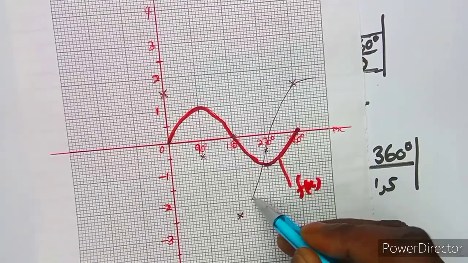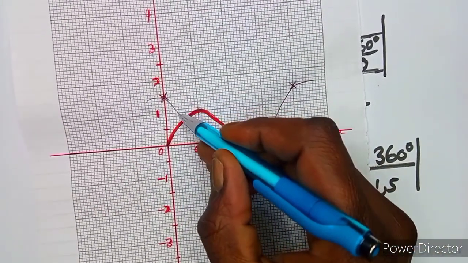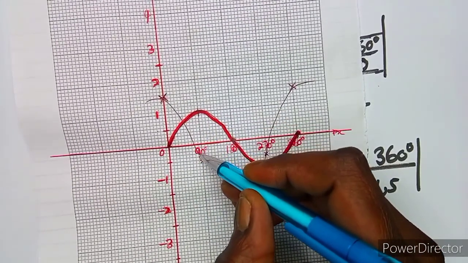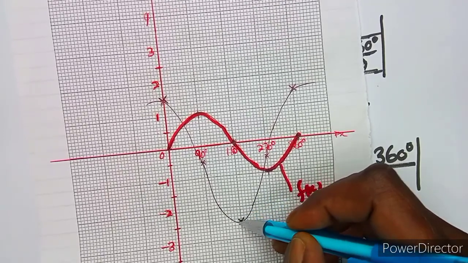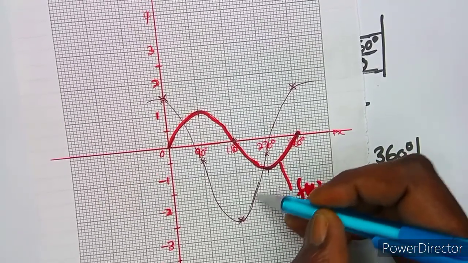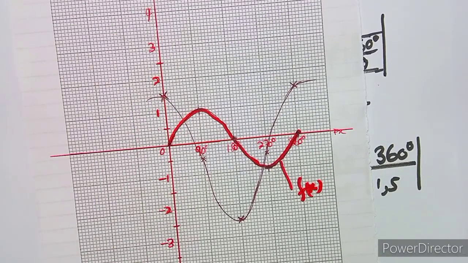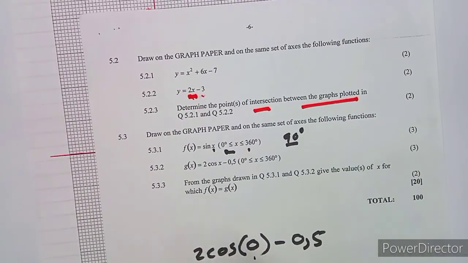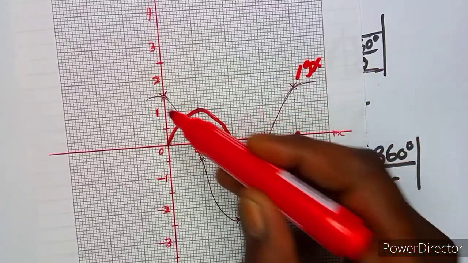It goes to that point and curves like that, something like this. All right, so this is what it was supposed to look like, and this is our gx.